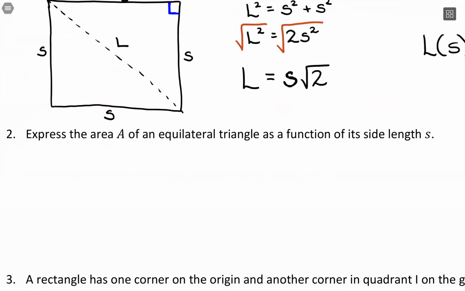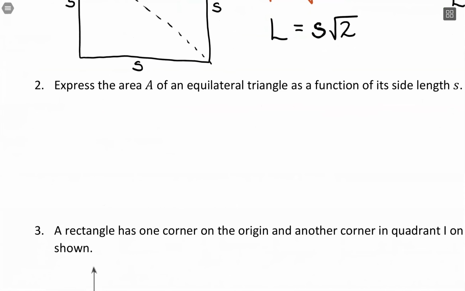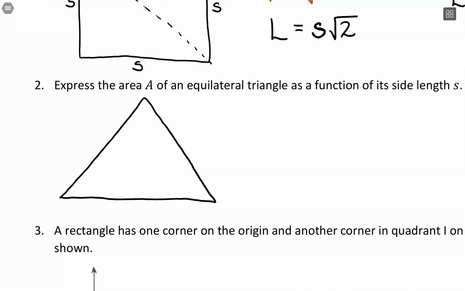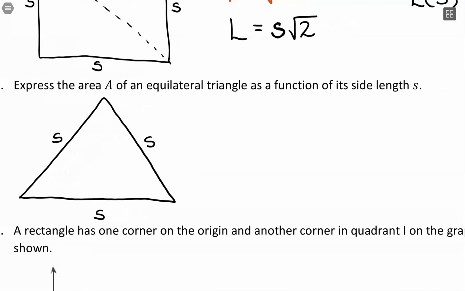Okay. Our next one, we're going to have an equilateral triangle. This is a triangle with all the same side lengths, and we're calling the side length S. So we have 3 side lengths of S, and we want A for area.